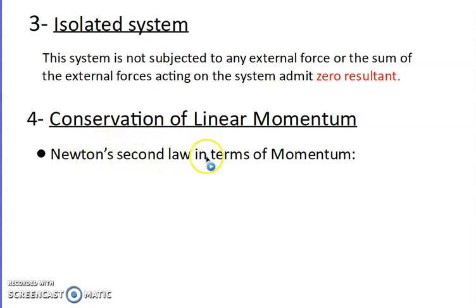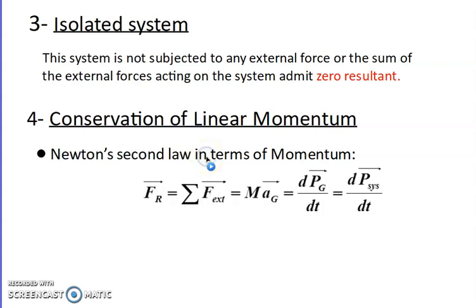Remember Newton's second law I explained in the first video in terms of momentum. Sum of forces external, or the resultant force, equals m Ag, where Ag represents the acceleration of the center of mass. Now, I proved in video 1 this is the same as the derivative of linear momentum with respect to time, right?